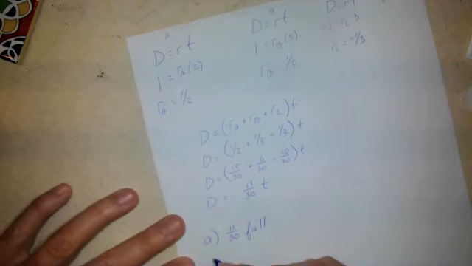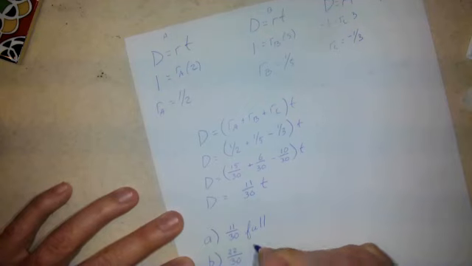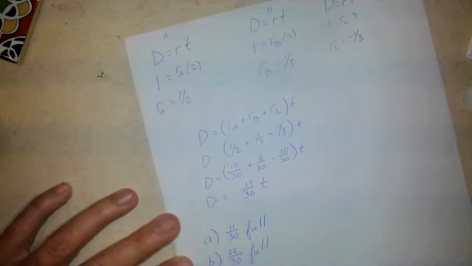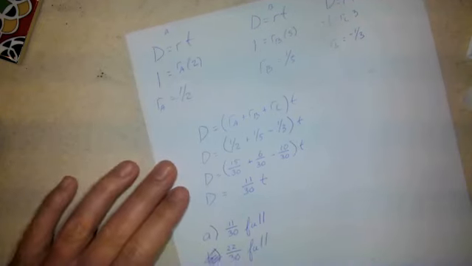After 2 hours, it's nice and linear, it will be 22/30 full. Called that B, although I guess that was the second part of A. Under the same conditions, after how long will the reservoir be filled? So this is A part 2, I guess.